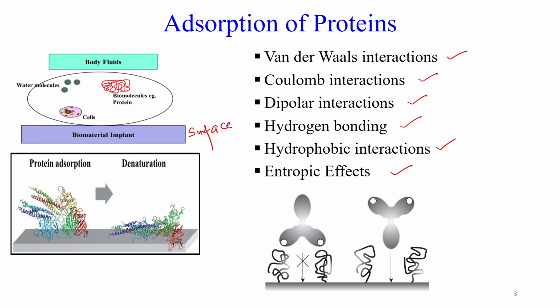Similarly, if you just see in this figure, depending on the surface, if there is no spatial arrangement here, the protein is trying to reorient itself. The protein is reorienting itself depending on the surface property. So, this is one example of the entropic effect. Also, during the adsorption, if there is some sort of unfolding, this will also lead to a change in the entropy.